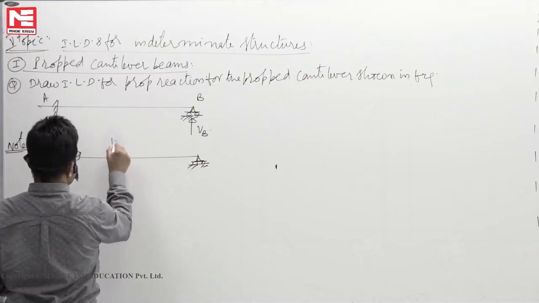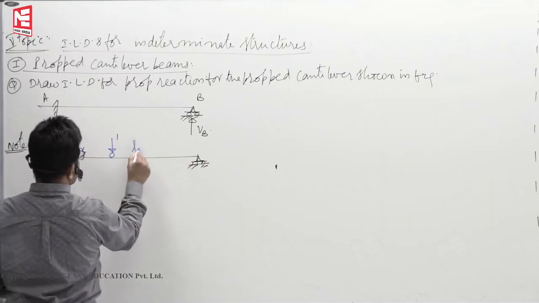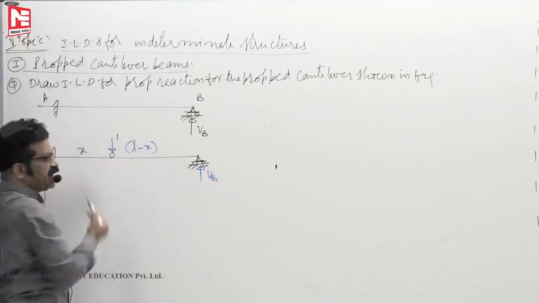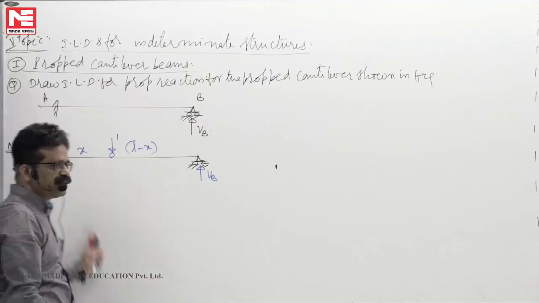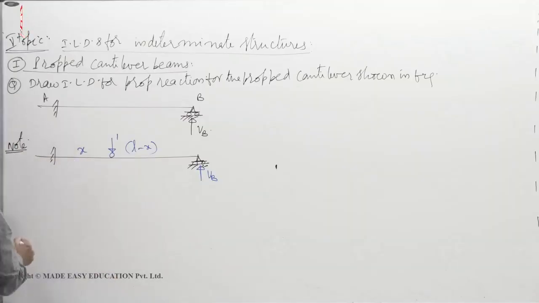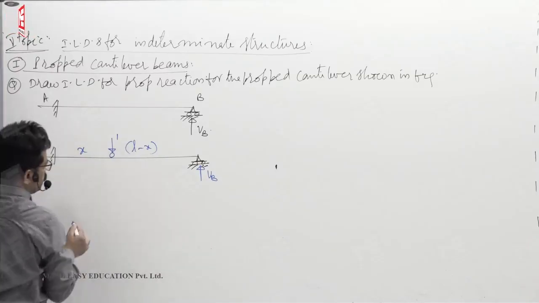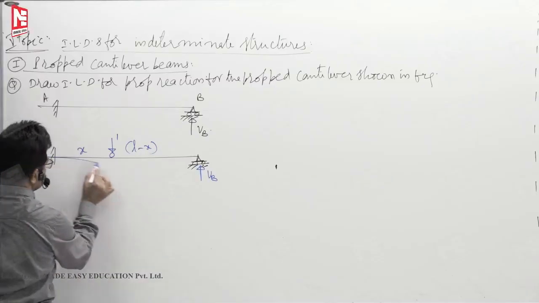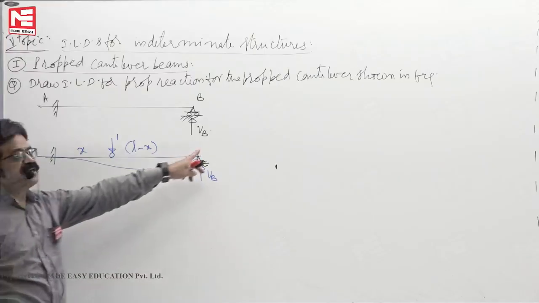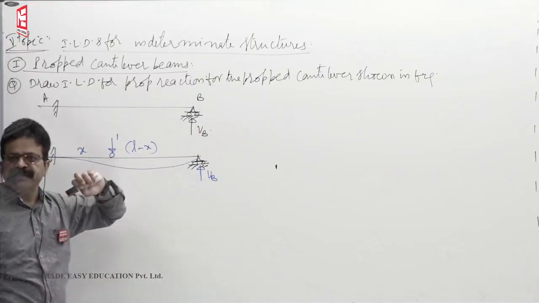When the unit load is somewhere here at a distance of x, L minus x, we know how to find VB. VB will come in terms of x. For different values of x, you plot it. That is the analysis. So we will find VB first, then you draw the curve. Now, to find VB, what you have done? That is the deflected shape of the beam. From the compatibility condition, what does compatibility mean?